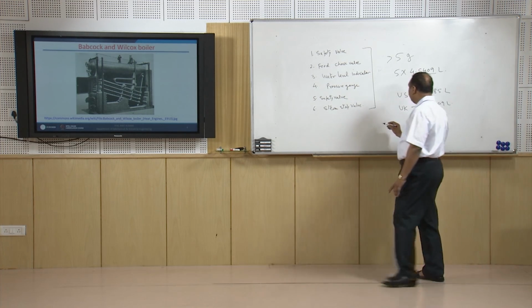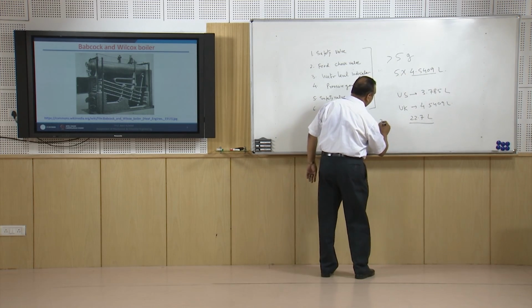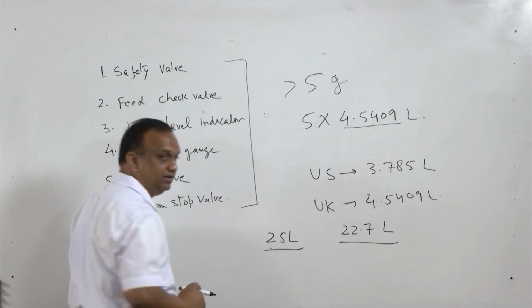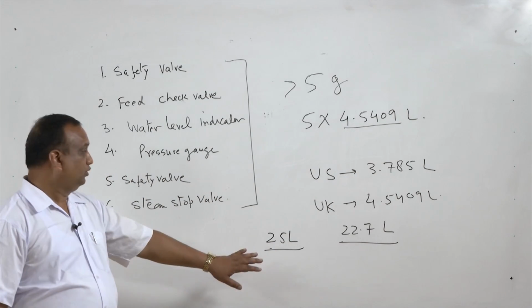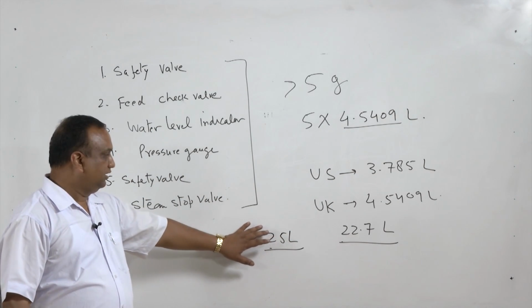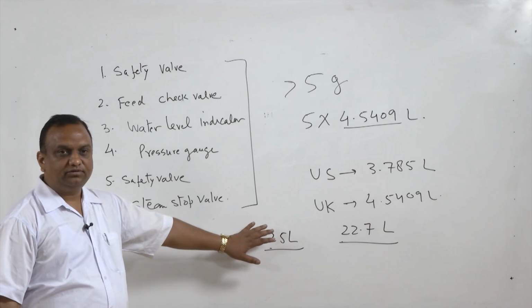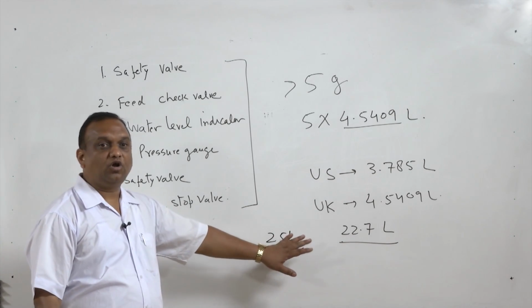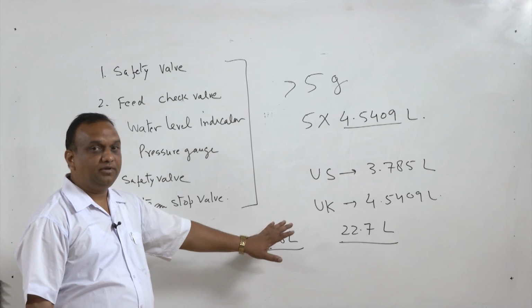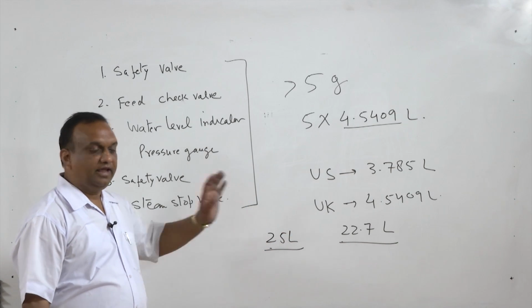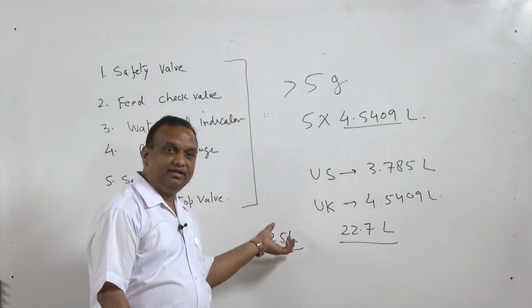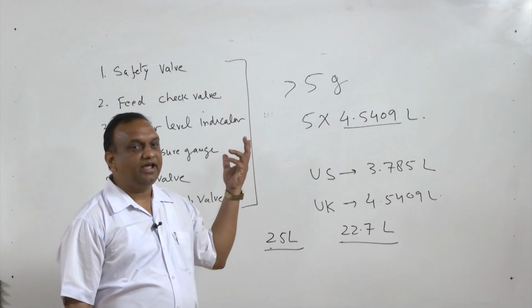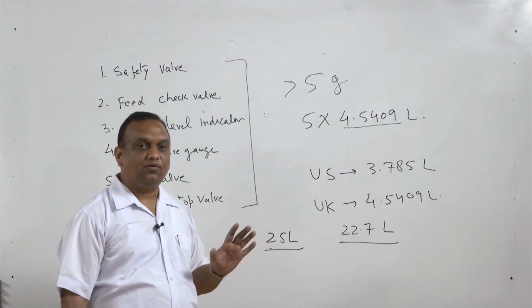Now this limit has been increased, or rounded off, to 25 liters. It is subjected to inspection by statutory bodies or state government bodies. Regular inspection has to be made before operating this boiler, otherwise the boiler will not be allowed to be operated. If the volume is less than this and the boiler is operating at very high pressure, it is not covered under IBR.